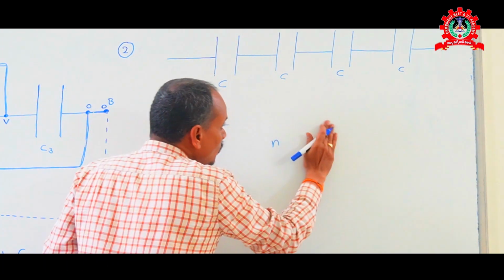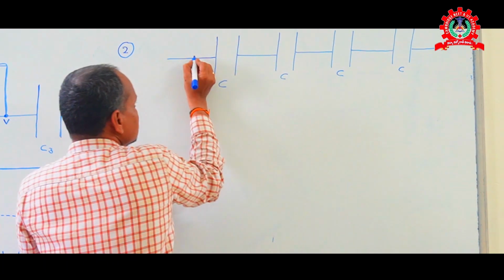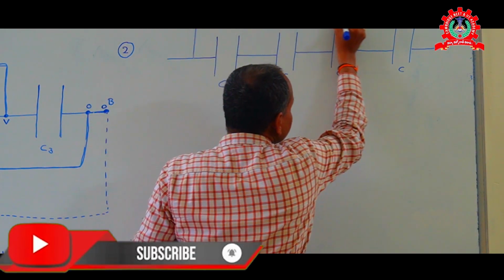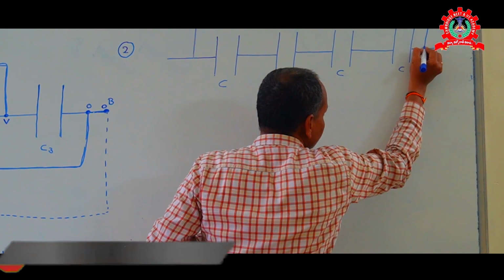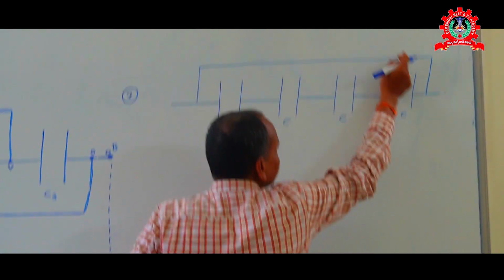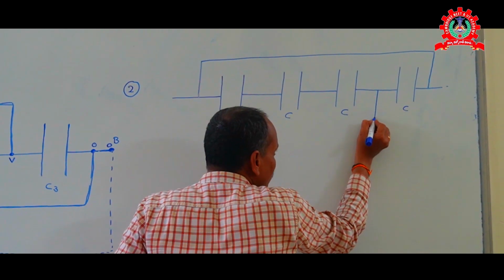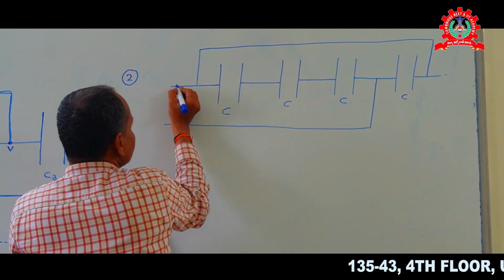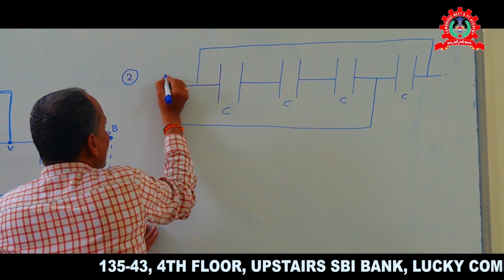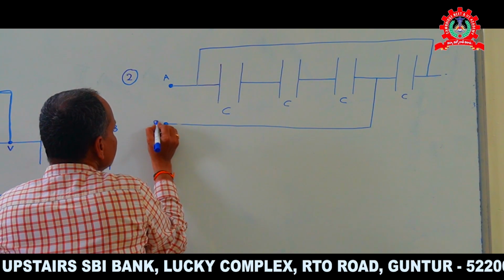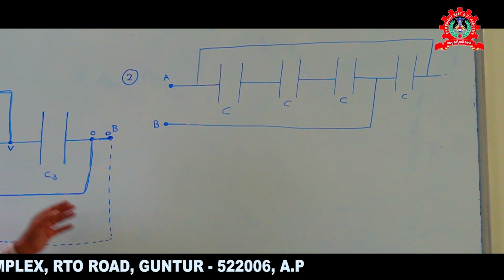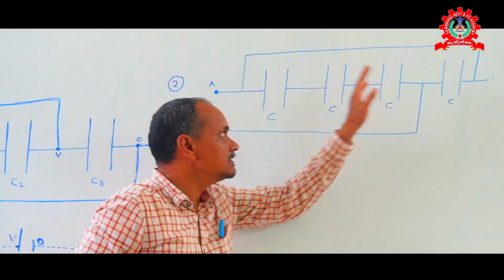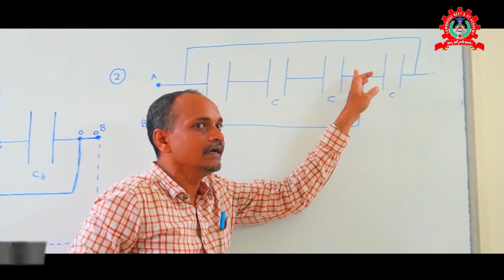But now to these four capacitors, if a conducting wire is connected like this, and one more conducting wire is connected like this, let us say this is the point A, and this is the point B. So instead of three capacitors, we take four capacitors and the conducting wires are connected like this.